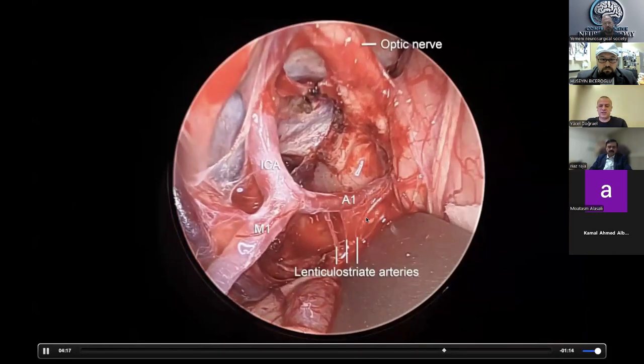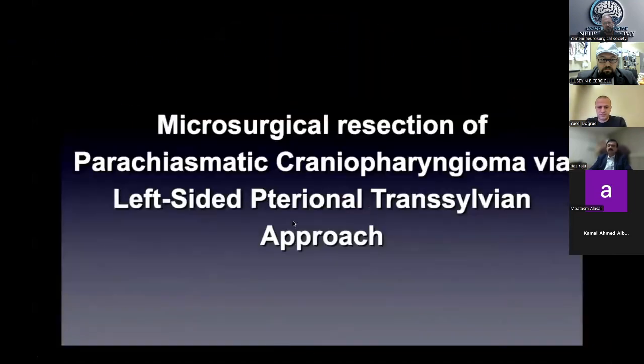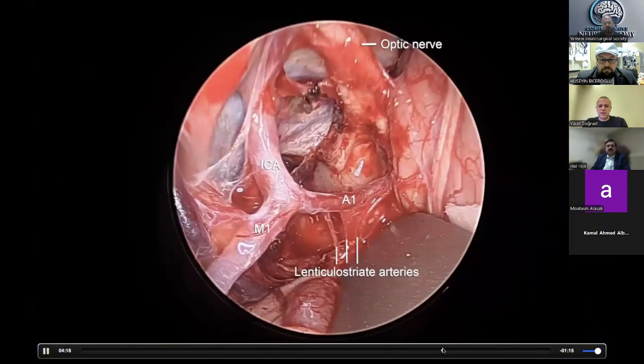Here we can see the anatomy: the M1 segment of the middle cerebral artery, the carotid artery, and the anterior cerebral artery.